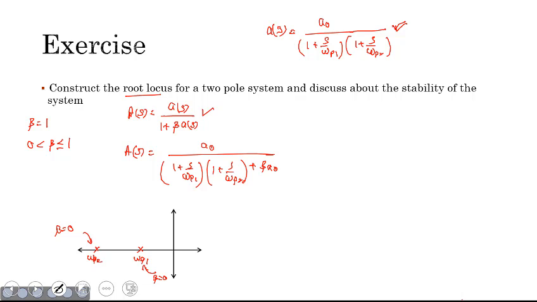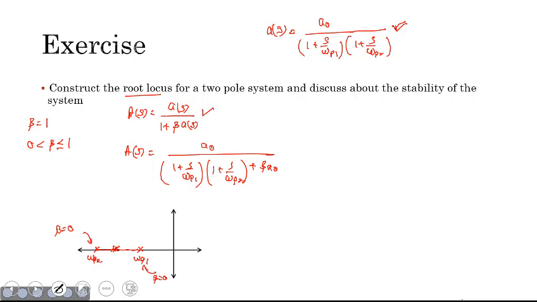So this is the expression, but the general question here is how these poles would wander around this s-plane when we try to increase the value of beta. I guess you would already know that the pole omega p2 would tend to move towards the right side, and omega p1 would tend to move towards the left side, right? At a particular value of beta, both the poles meet each other.